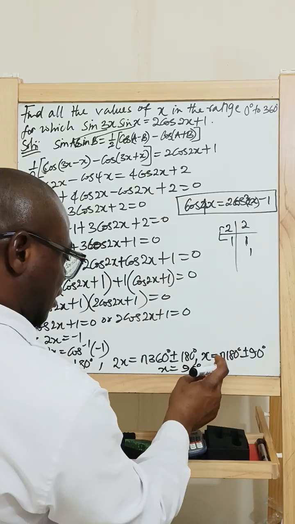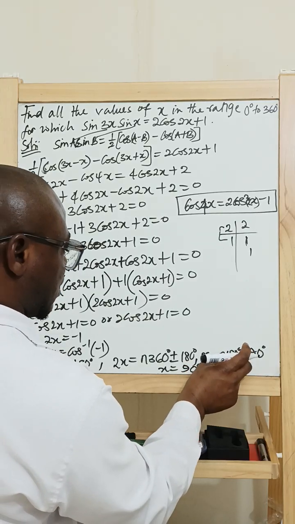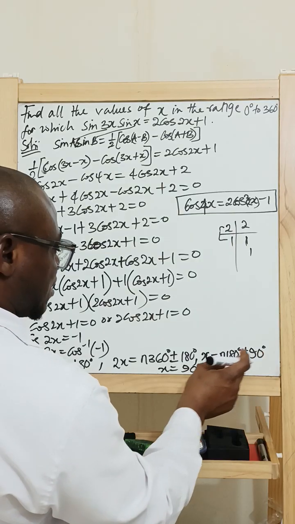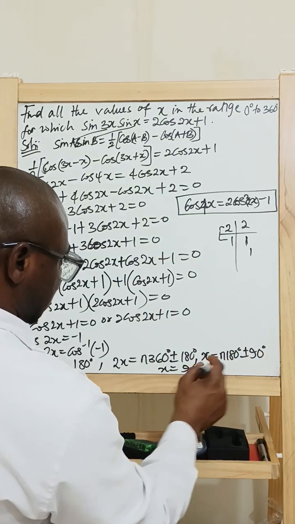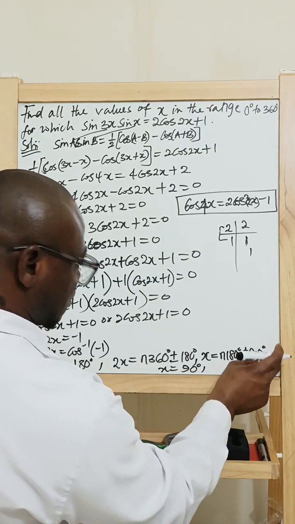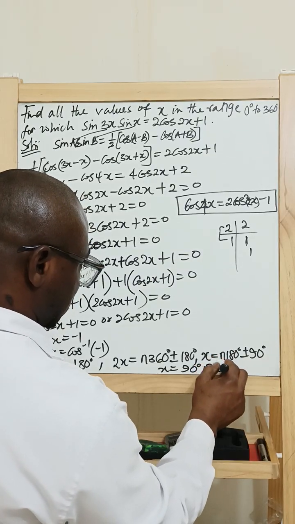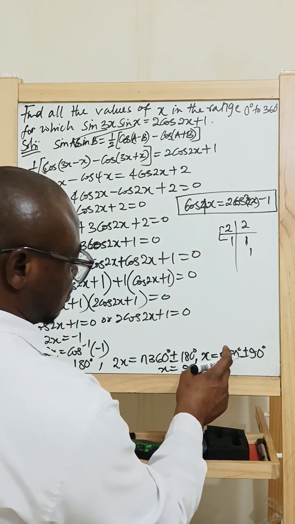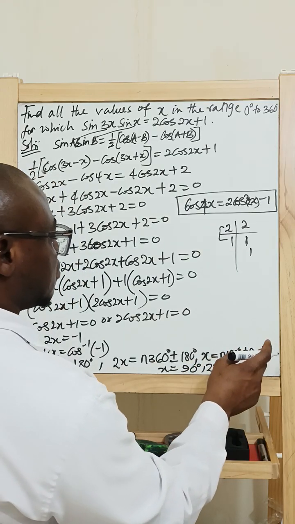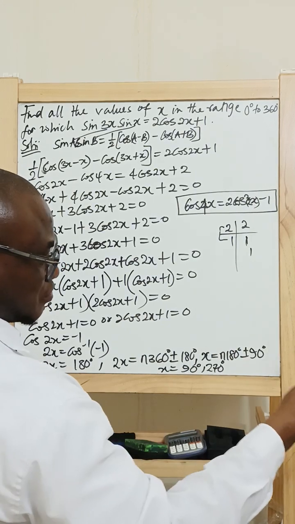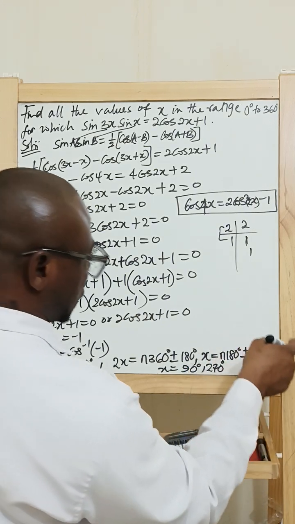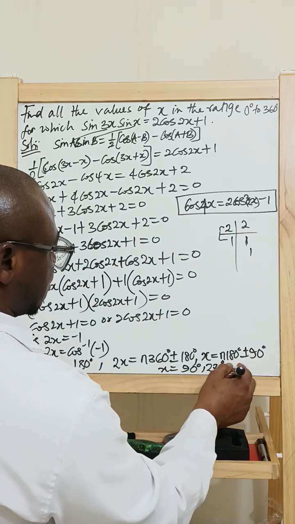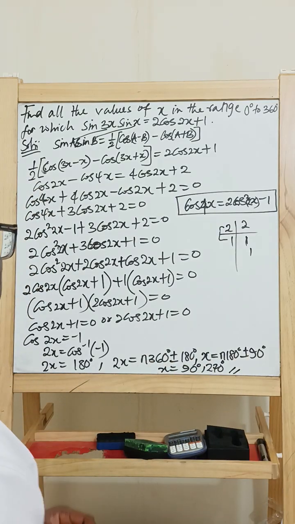Now if n is 1, so this is going to be 180 plus or minus 90. So 180 minus 90, that's 90, which is already here. And 180 plus 90, that will be 270, right? That's when n is 1. When n is 2, that will be 360. 360 plus 90 is more than 360, so we can't take that. And 360 minus 90, so that's 270, which is already here.